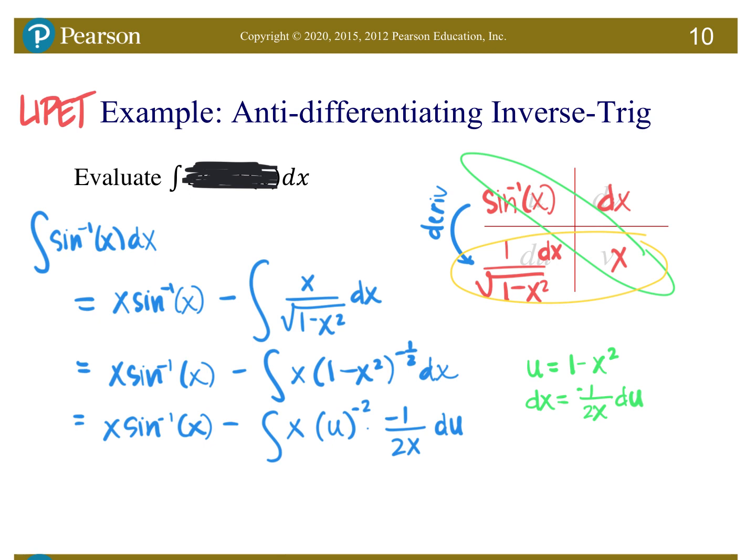Now I'm to the point, oh, now the x's reduce, because they didn't reduce before. In the yellow, there was nothing that reduced, but now the x's reduce. And what can I pull out to the front of my integral? A negative 1/2, which combines with the negative that's already there. So we'll have x sine inverse of x plus 1/2 on the outside of u to the negative 1/2 du.